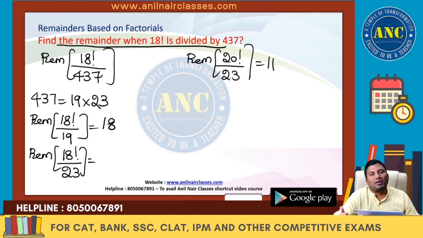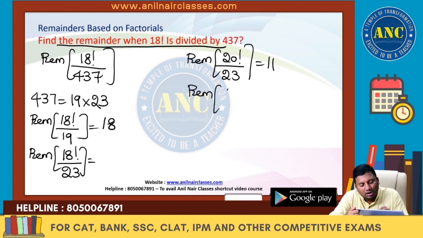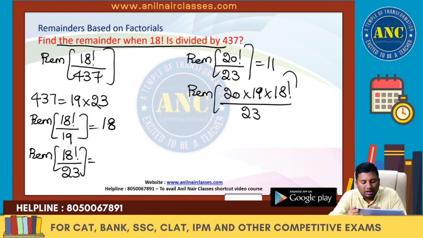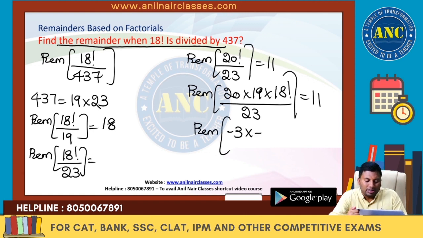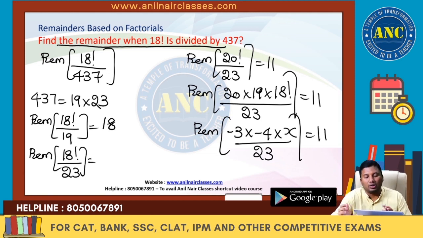Because it is of the form (P minus 1) by 2. 20 factorial is 20 into 19 into 18 factorial divided by 23, it is 11. 20 divided by 23 is minus 3, 19 is minus 4. 18 factorial divided by 23 is x. When I further divide by 23, remainder is 11. Minus into minus is plus.